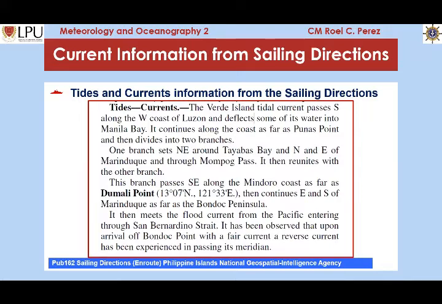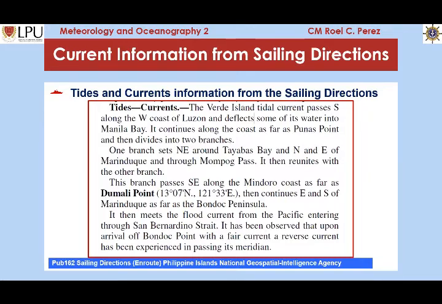This is the information from the sailing direction en route Philippine Islands. So we have the Verde Island tidal current. It passes south along the west coast of Luzon and deflects some of its water into Manila Bay.